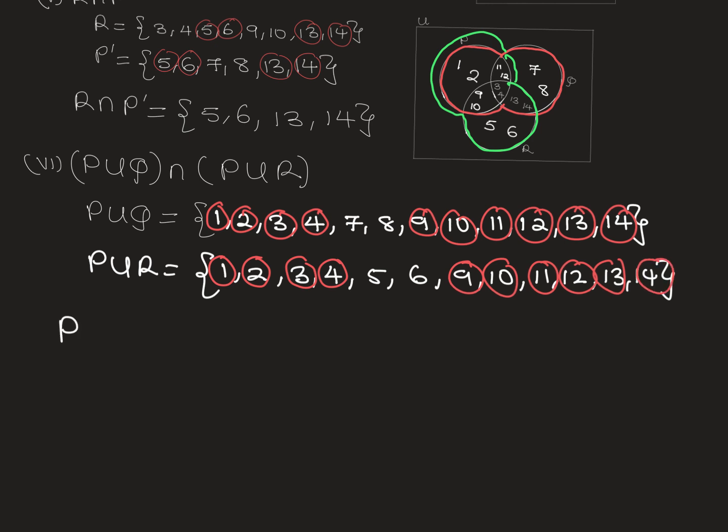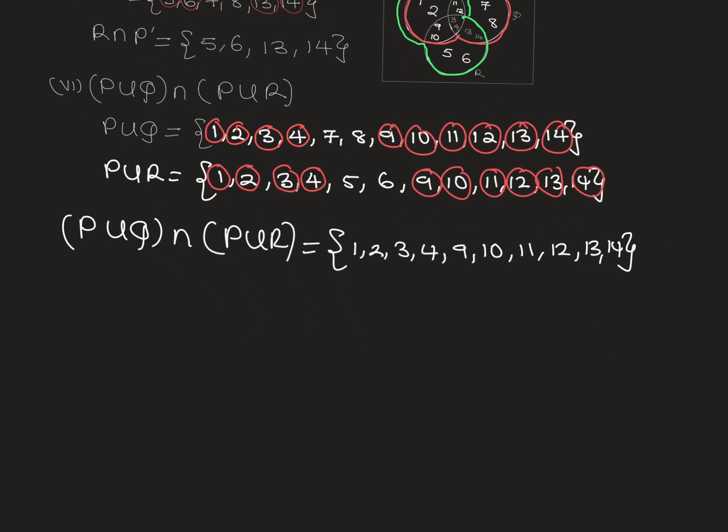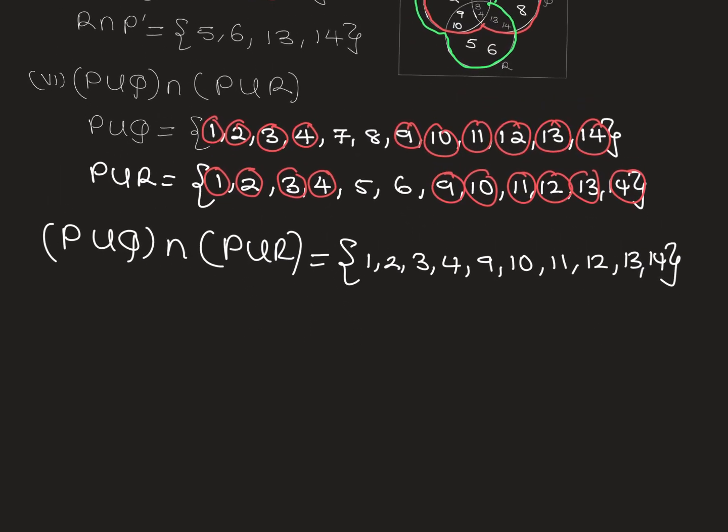So P union Q intersection P union R will give you 1, 2, 3, 4, 9, 10, 11, 12, 13, and 14. All right? Okay.